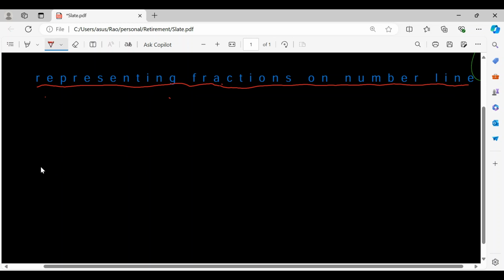I am roughly drawing the number line, and this is 0.